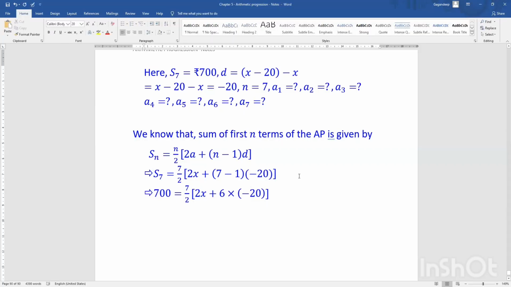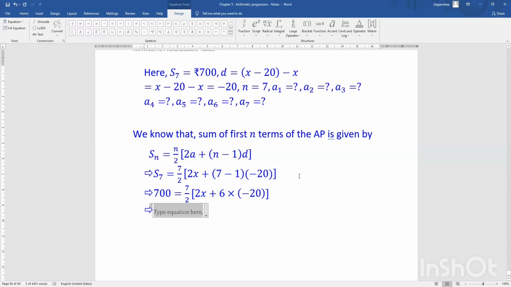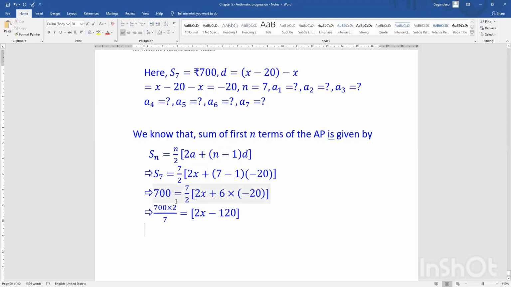Then you can do it like this. Cross multiply or cross cancellation, anything you can do. You can write like this. So here we have 700 into 2 by 7 equals 2x minus 120, bracket close. Okay. So 7 by 2 becomes 2 by 7 when it's transposed.